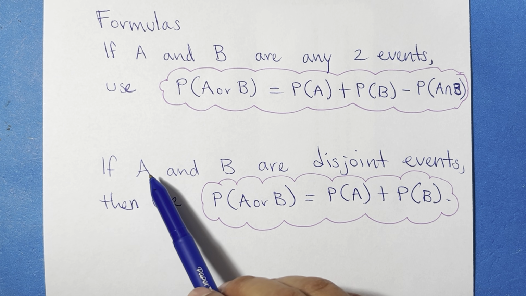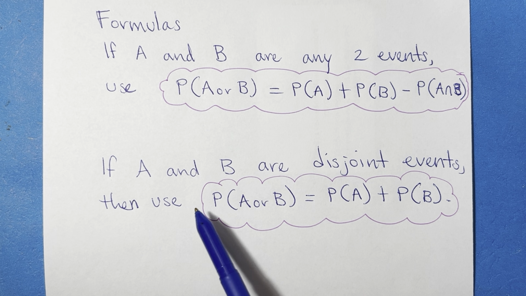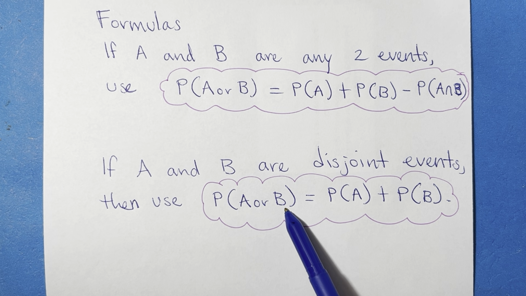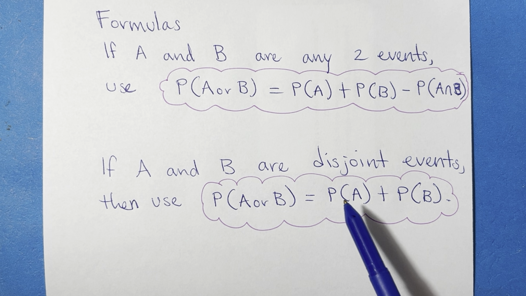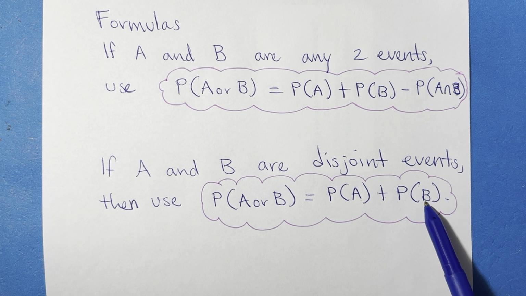And if A and B are disjoint events, then use probability of event A or event B equals the probability of event A plus the probability of event B.